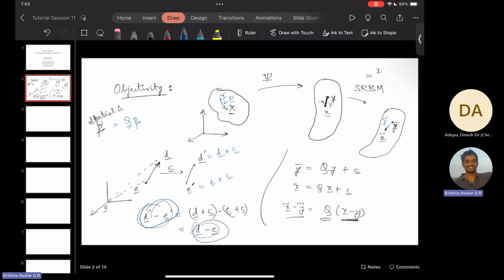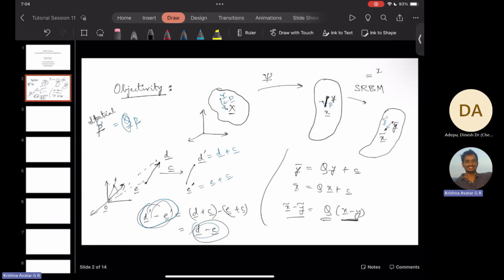It's only the rotation part of the rigid body motion which is affecting it. The translation is anyway not relevant. Transformation of a vector is when you have a vector defined in this coordinate system, and then you perform some linear transformation over it, which happens to be an orthogonal tensor.